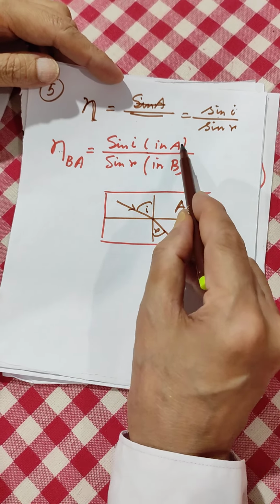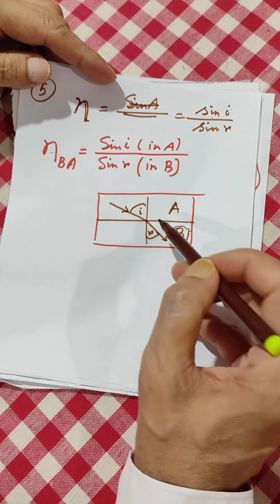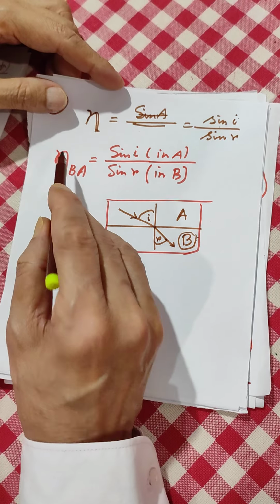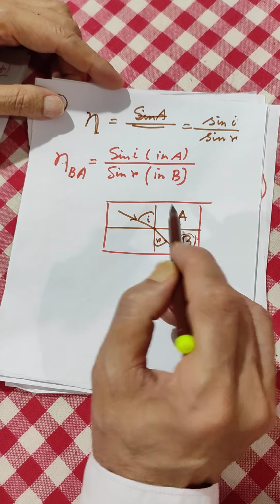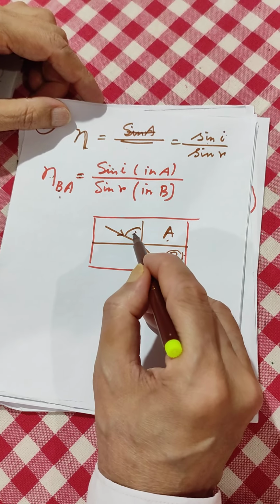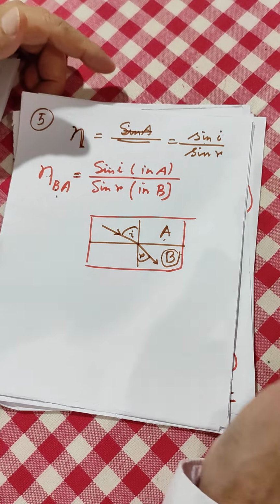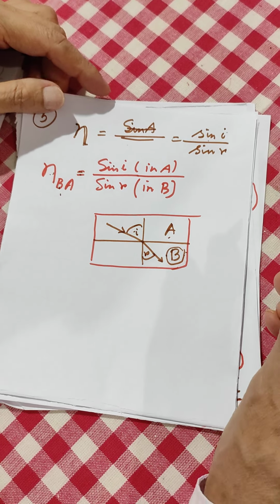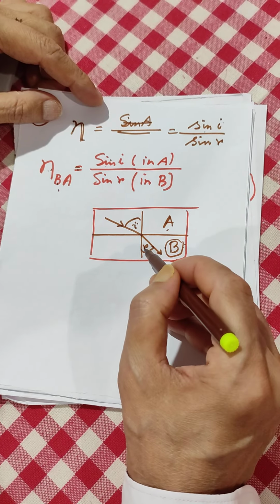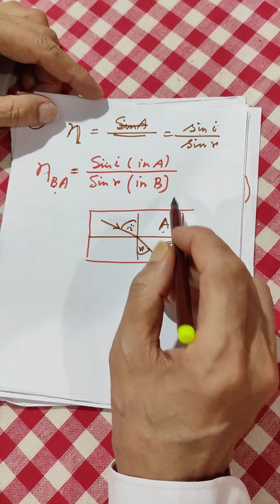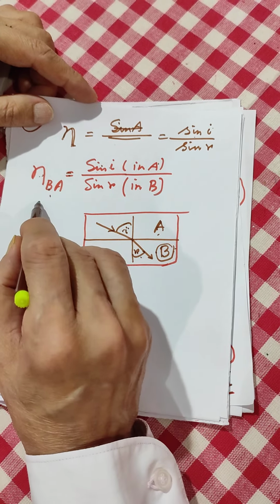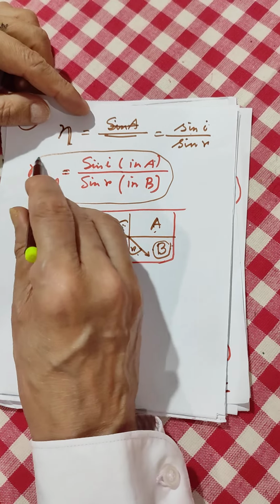So this i is always in the first medium A, and r is always in the second medium B. So the refractive index of medium B with respect to medium A is given by, according to Snell's law, sine of this angle divided by sine of this angle. Sine, cos, tan, all these are terms of trigonometry. This angle is in medium A and this angle is in medium B. So this is the formula.